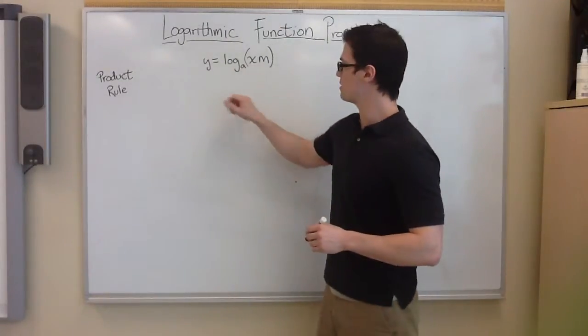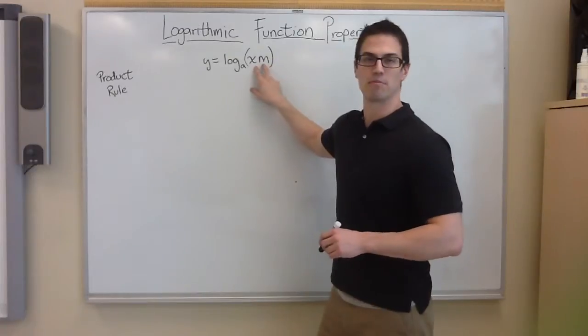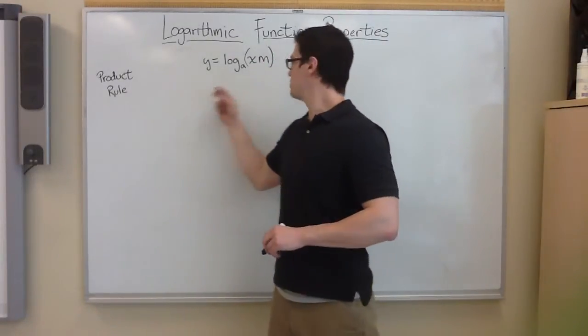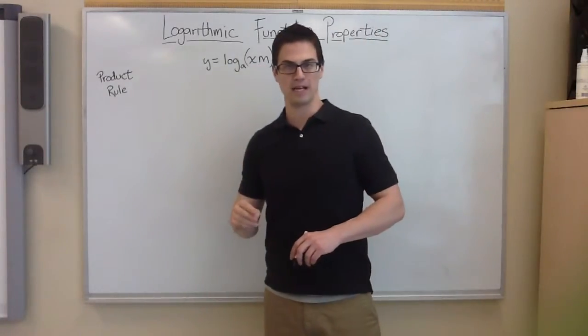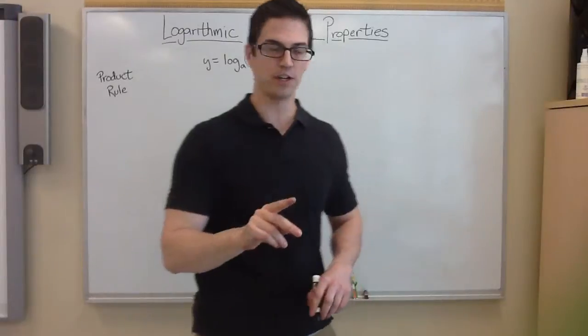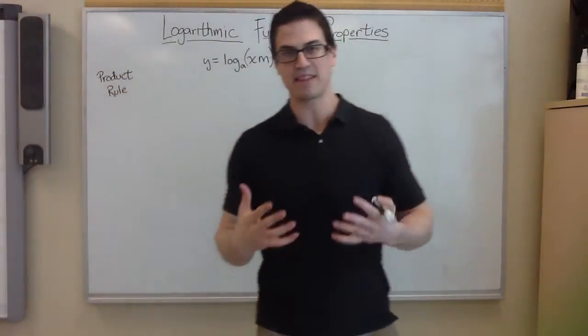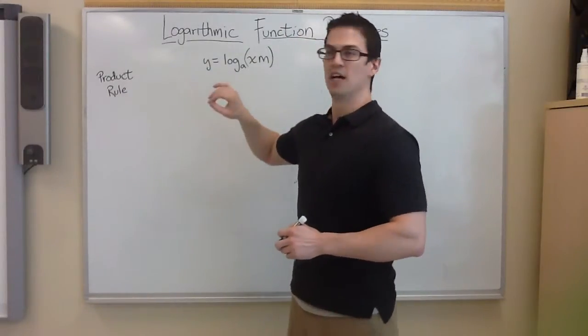Say you have a problem where it says y is equal to log base a of two numbers being multiplied together. What the product rule is basically going to show is what to do to simplify your life when you see these two numbers multiplied together. The first thing we're going to do is raise both sides to the a, making a the base of both sides for the exponent.